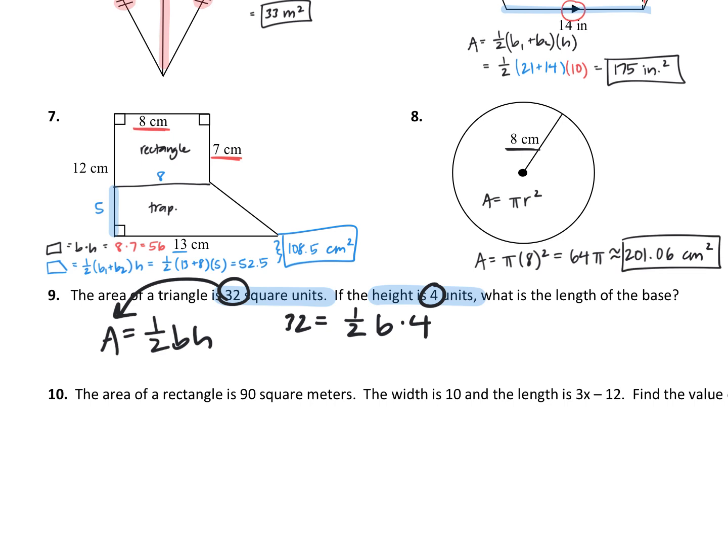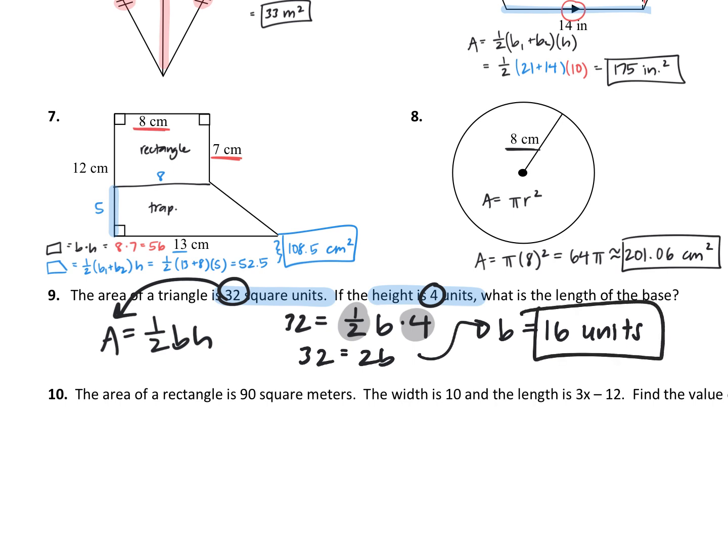And now we're just going to solve this like an algebra problem here. If I go ahead and do 1/2 times 4, that gives me 2. So I have 32 equals 2b. And then I divide by 2 on both sides. So I get that b equals 16 units. It's not squared because we're talking about just the base, not the area.